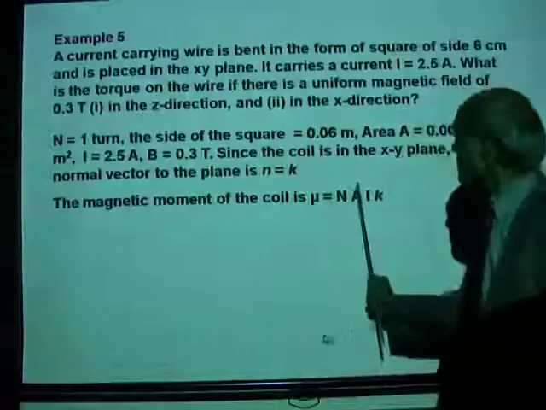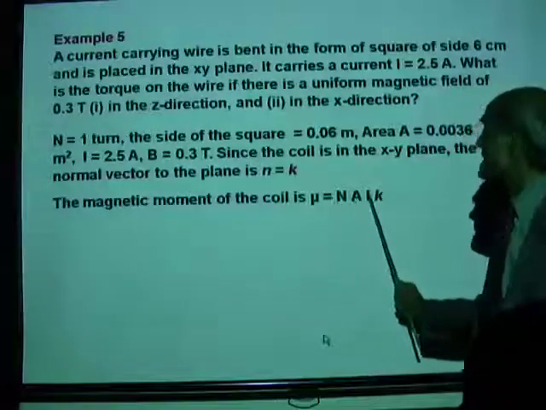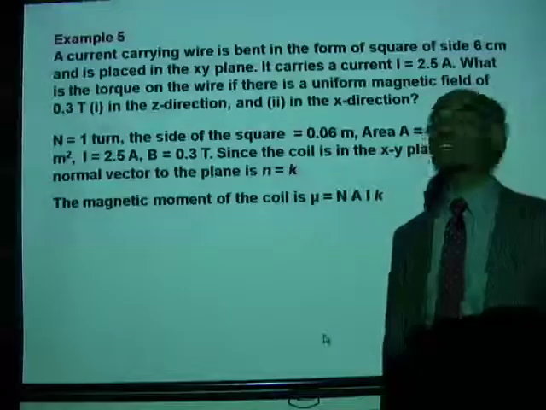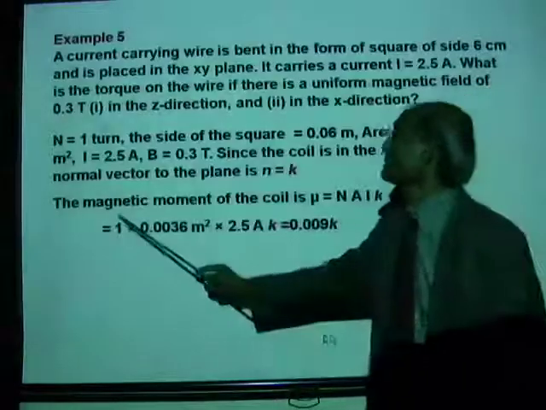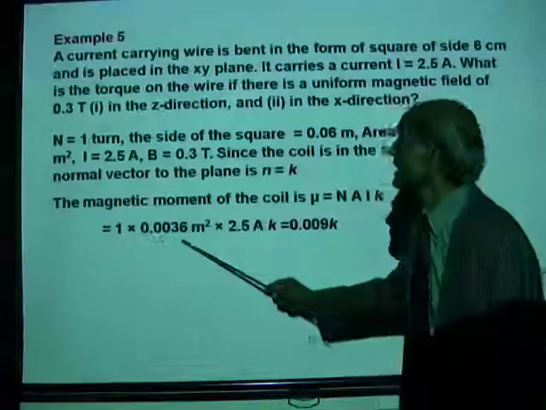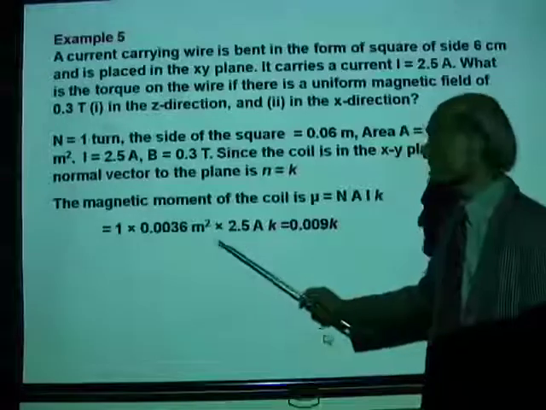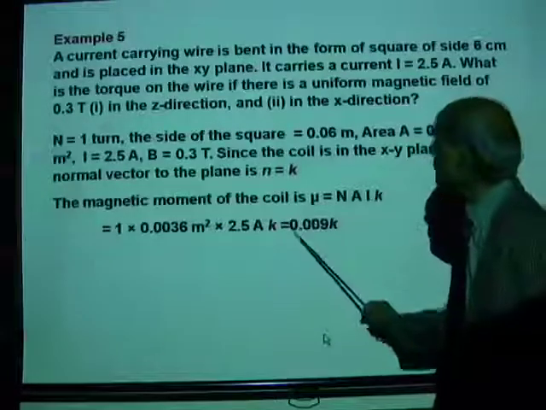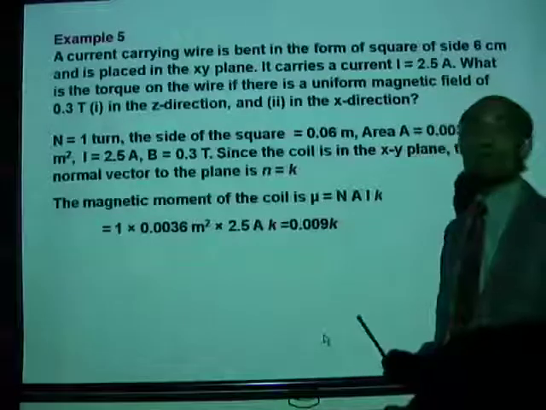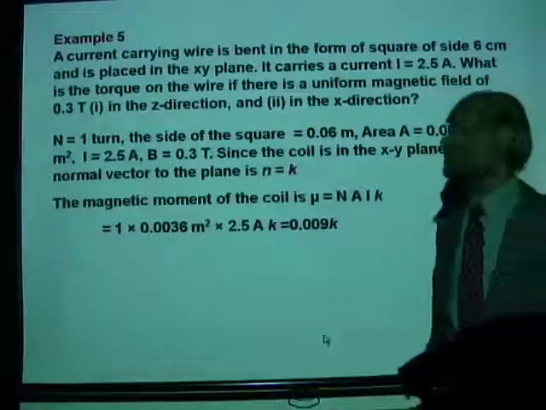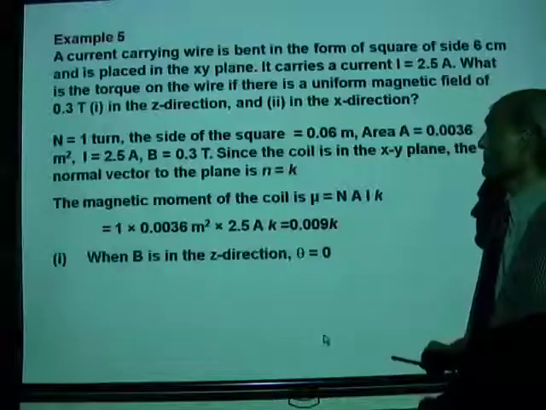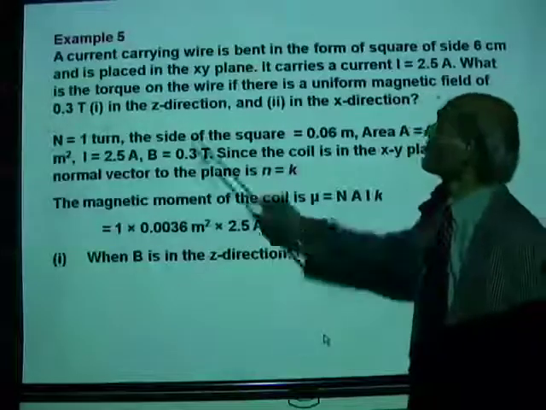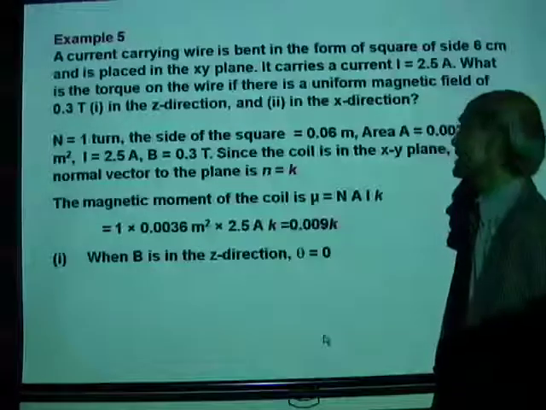The magnetic moment is NAIK. It's a vector in the K direction. And we know the area of the coil we calculated, and the current is given. Therefore, the magnetic moment is 0.009 K. Now in the first case, the field is in the z direction.